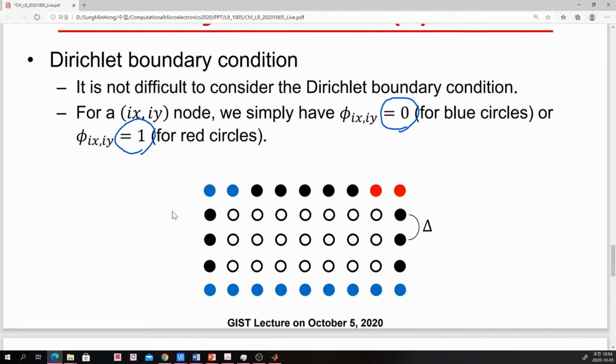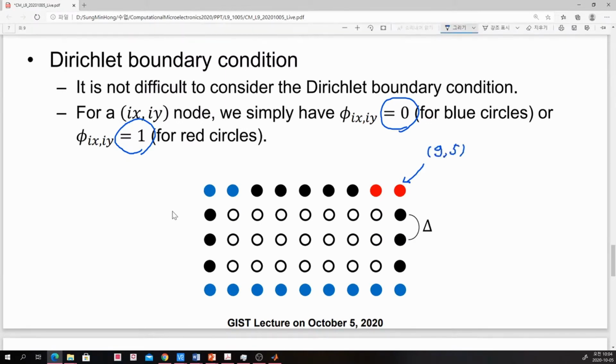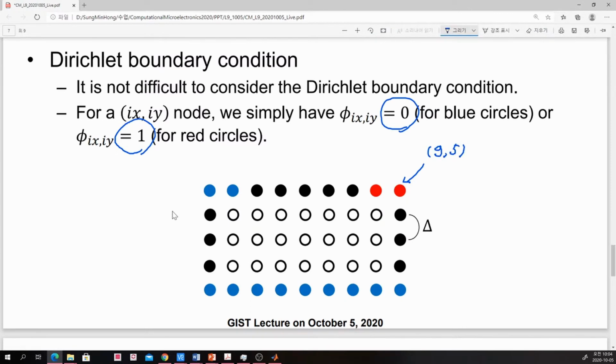For example, let's follow it this way. This is 9, 5, and you have to introduce phi 9,5 equal to 1.